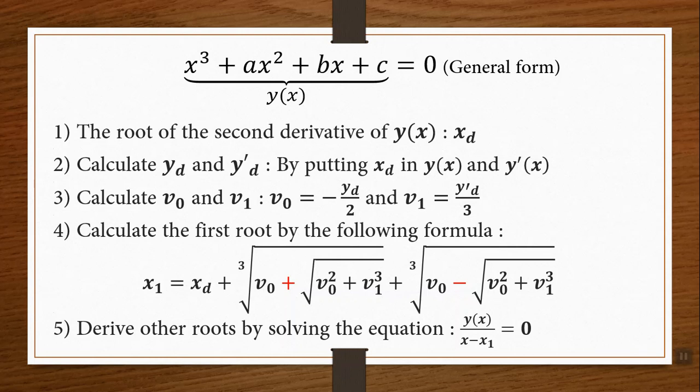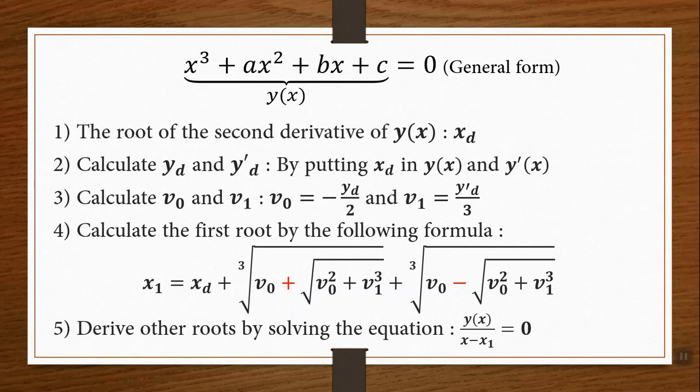The next step is to calculate the first root of our equation by the following formula: x1 equals xd plus the cube root of v0 plus the square root of v0 squared plus v1 cubed, plus the cube root of v0 minus the square root of v0 squared plus v1 cubed.